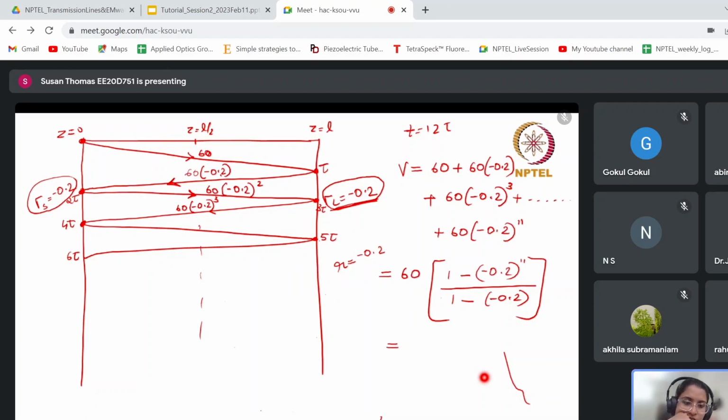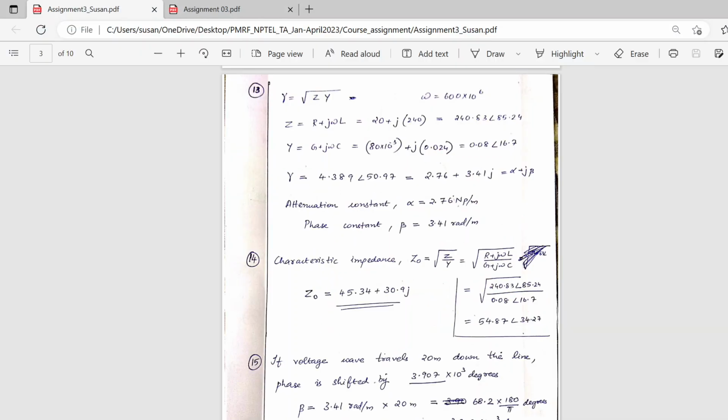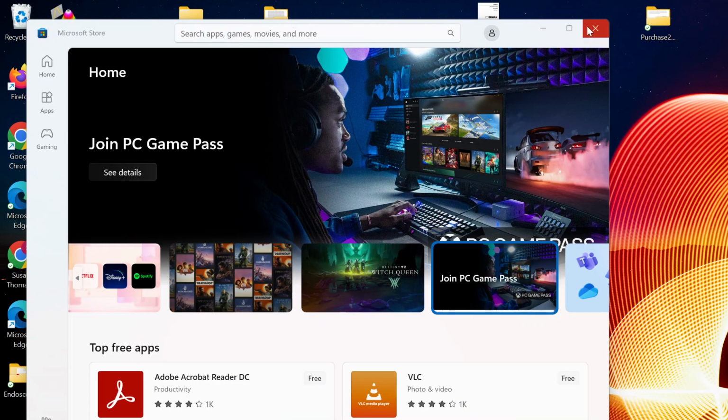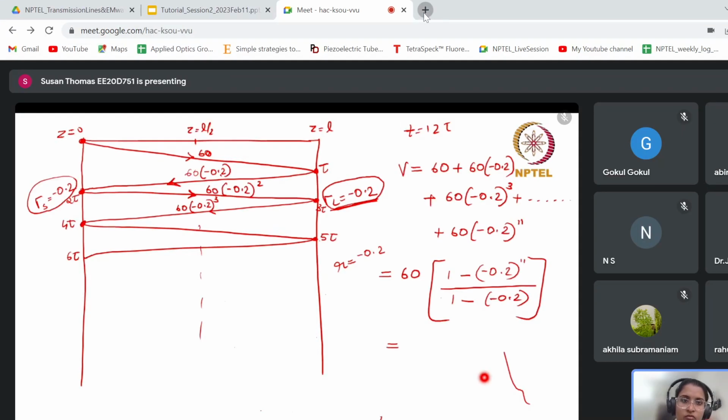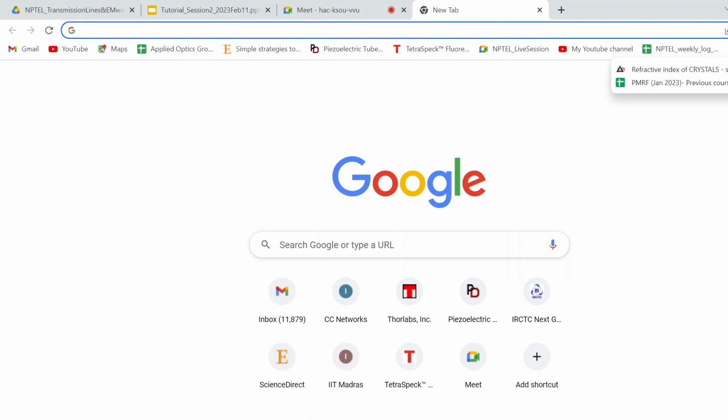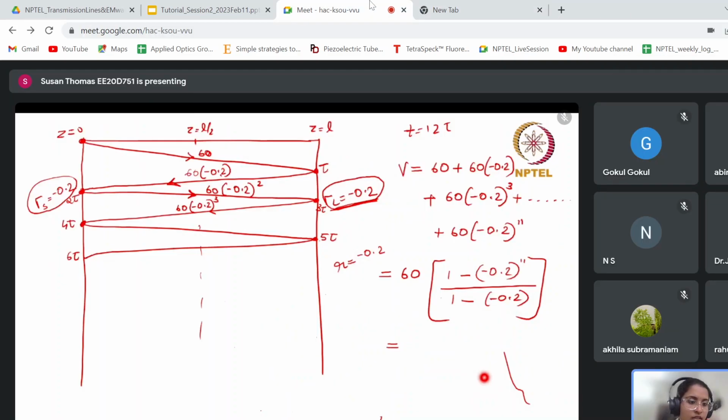I think I need to have a look at the question. It will take time for me to load the question and find it. Let's do one thing. The solution of this assignment will be uploaded.